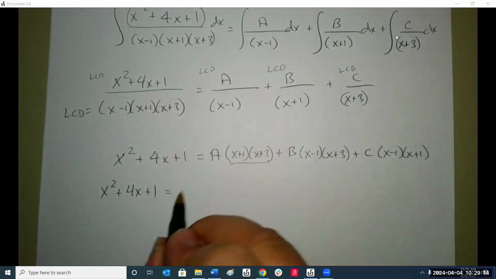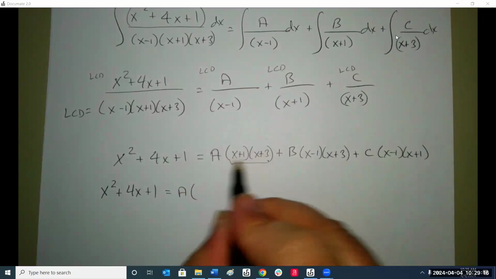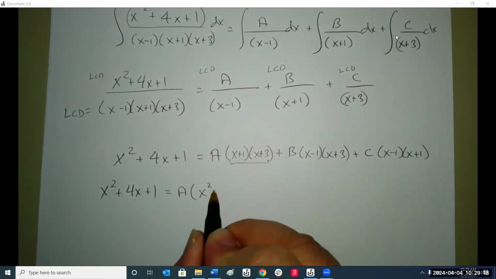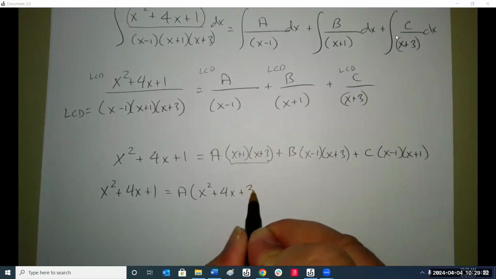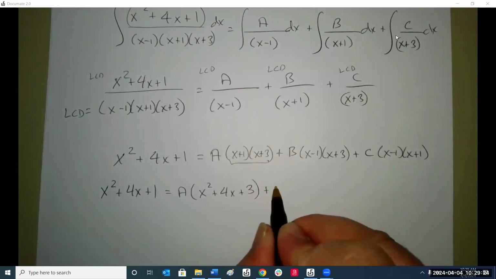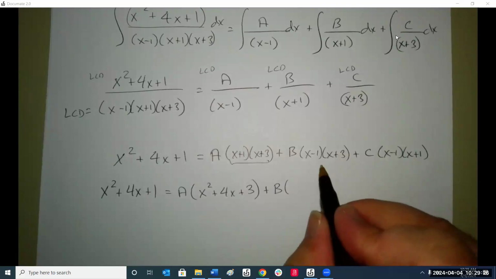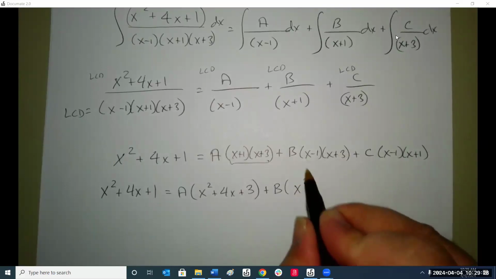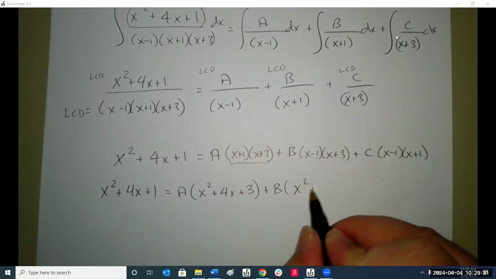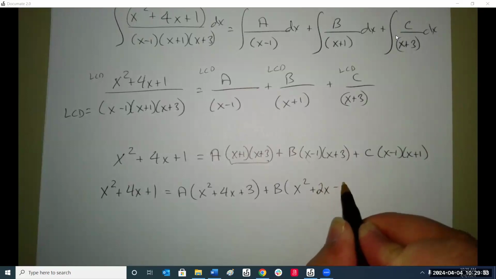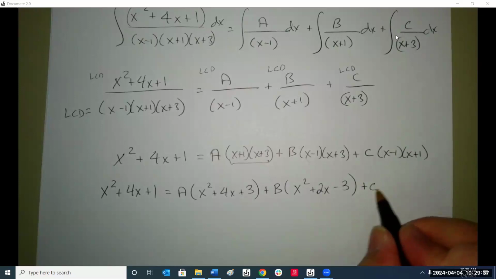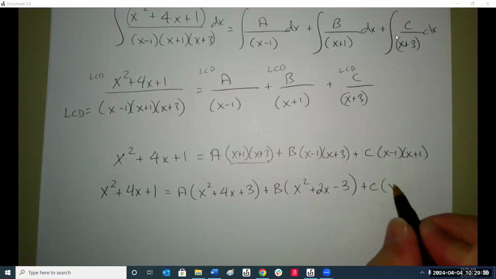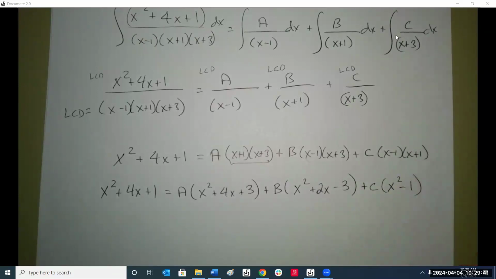So multiply those out. We get x squared plus 4x plus 3. X squared plus 3 minus 1 is plus 2x minus 3. And this is the difference of two squares, so it's x squared minus 1.